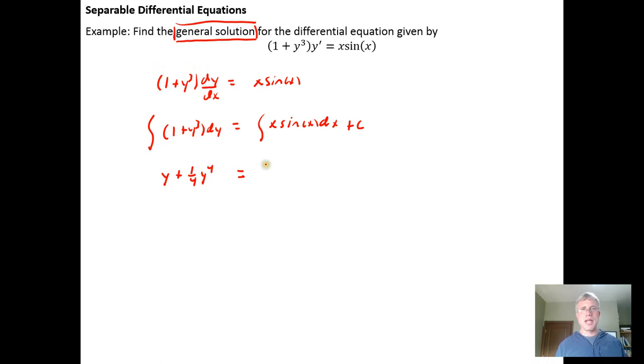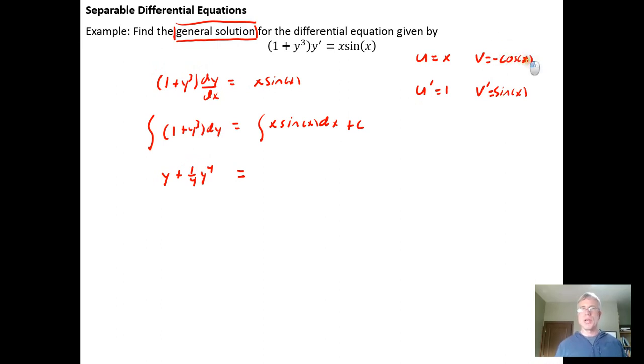And then on this side, what we want to recognize is that we could use an integration by parts here. If we let u equal x, then u prime is going to equal 1, and that would mean that we need to let v prime equal sine of x. And so v is going to be the antiderivative of the sine, and the antiderivative of sine is going to be minus the cosine of x.